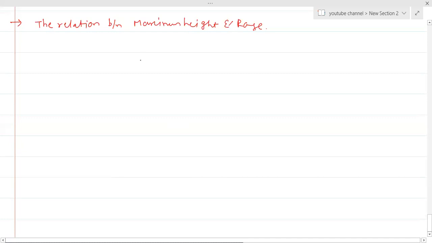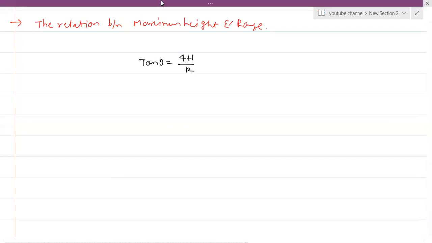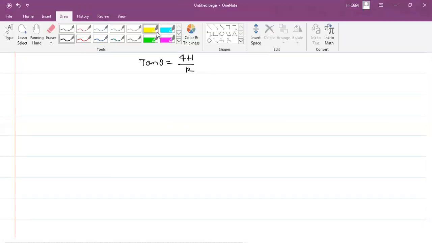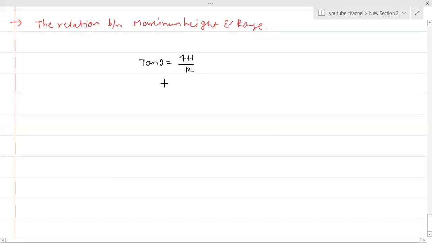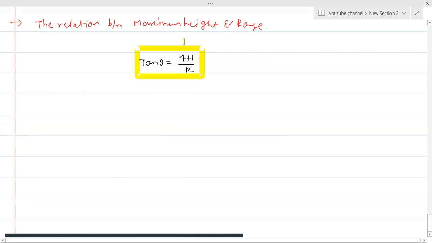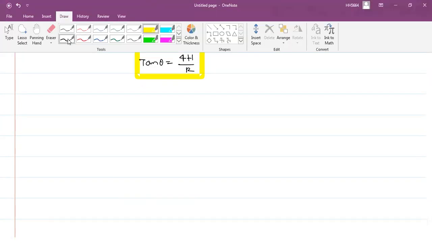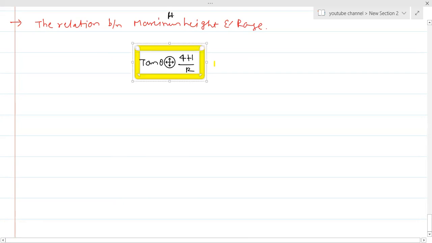By substituting the respective values, you are going to have a relation: tan theta equivalent to 4h by r, where h will be the maximum height. So this is very important. This will be the h maximum, and this will be the r.